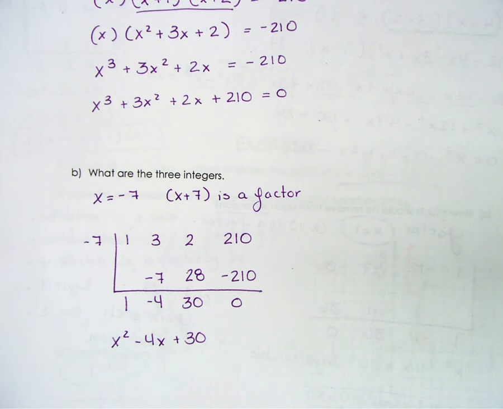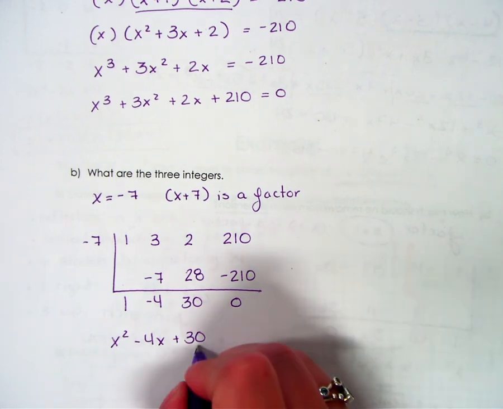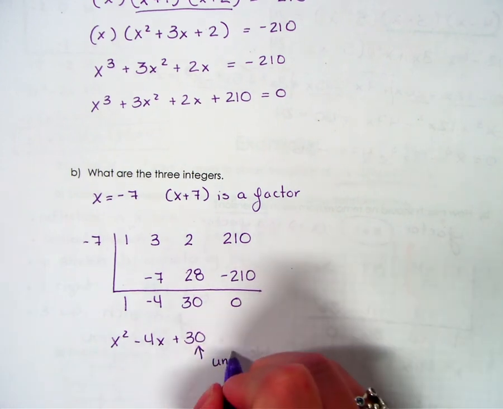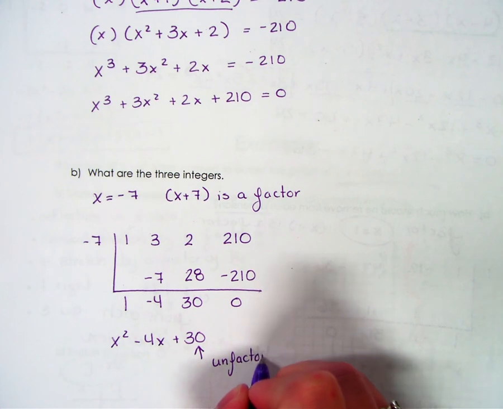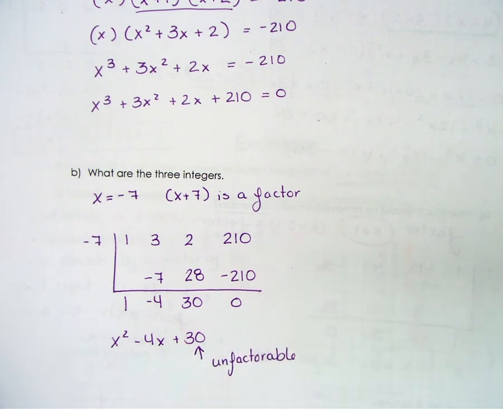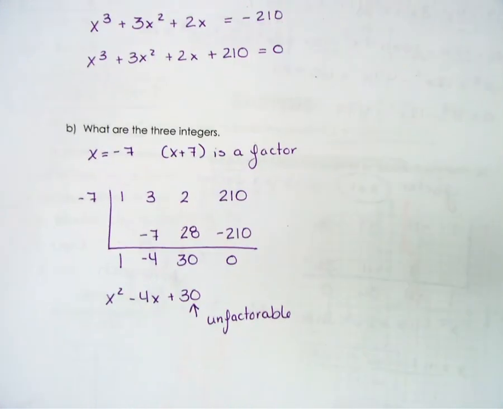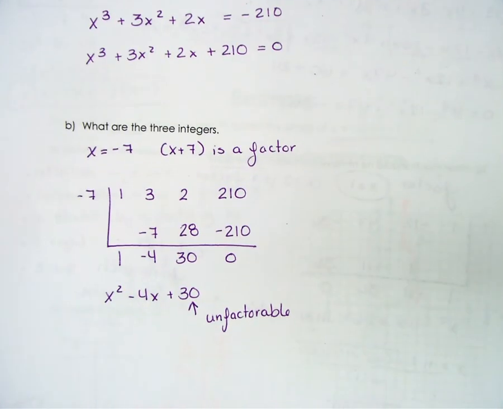No. You looked at it on Desmos? On the back. So there's only negative 7. Only negative 7.